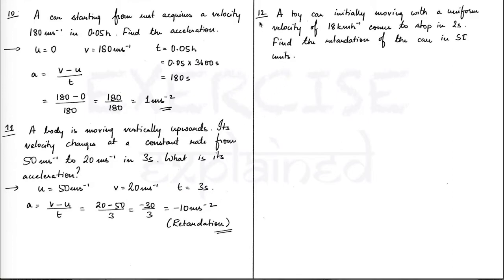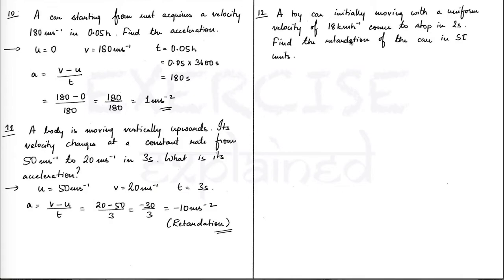Coming to question number 12, ICSE 9th, motion in one dimension, exercise 2A. A toy car initially moving with a uniform velocity of 18 km per hour. So initially moving with a uniform velocity of 18 kilometers per hour means it is the initial velocity here, and comes to stop in 2 seconds, find the retardation of the car in SI units.